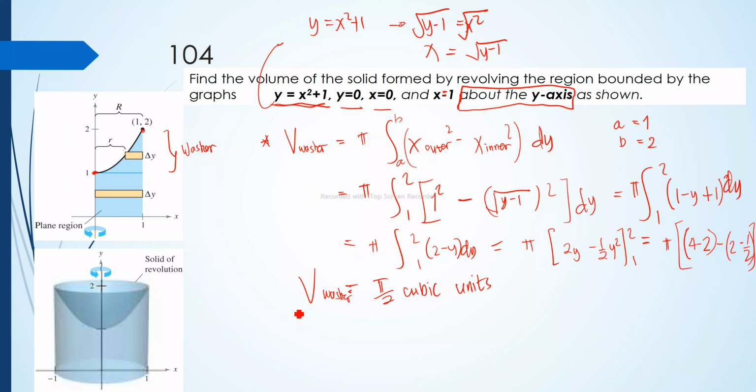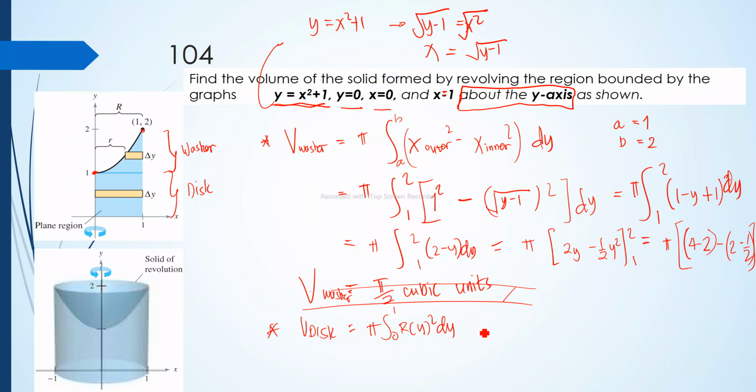Now this is not yet the final answer because we need to find the volume of this part using the disk method. By this method, that is just equal to pi times the integral of r of y squared dy from 0 to 1.